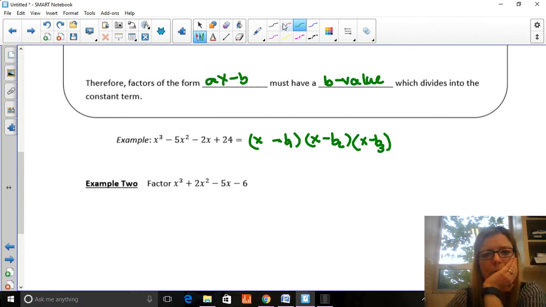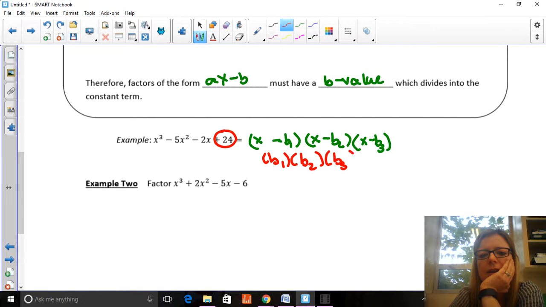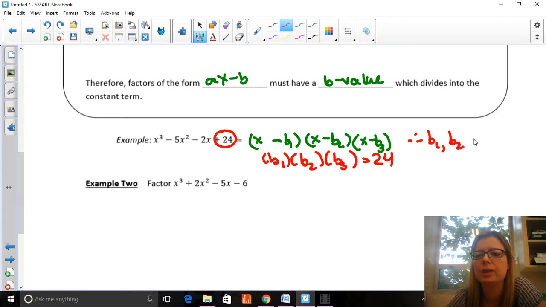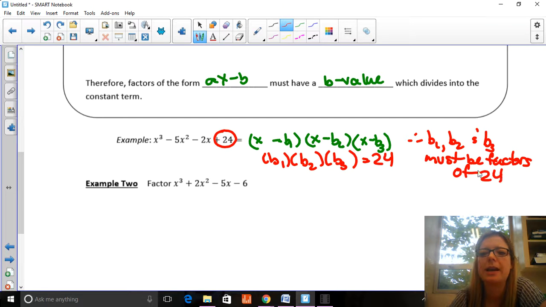So therefore, when you actually expand this out, to get a constant of 24 at the end here, when you multiply the b1 times the b2 times the b3, you would have to get 24. Okay? So therefore, b1, b2, and b3 must be factors of 24. So that's what that means, that the factors have to have a b value, so this last value, which divides into the constant term.